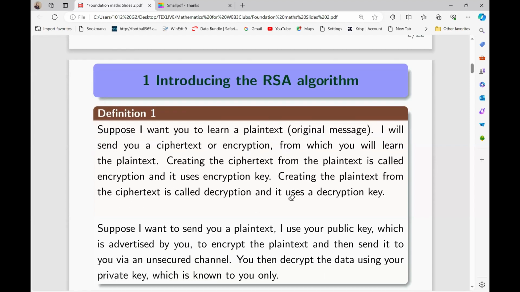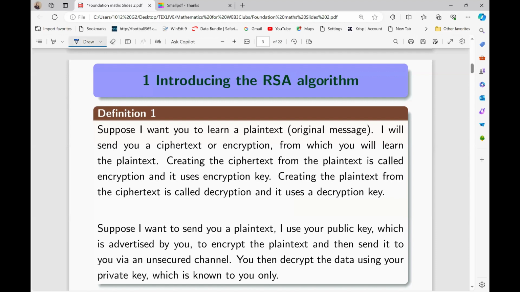So I began with the definition of some terminologies. I'm sure you already know these definitions, but for the sake of having the whole content covered, I decided to define what a plain text is.